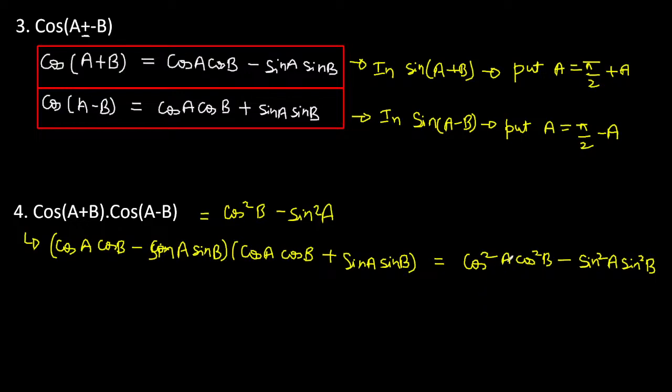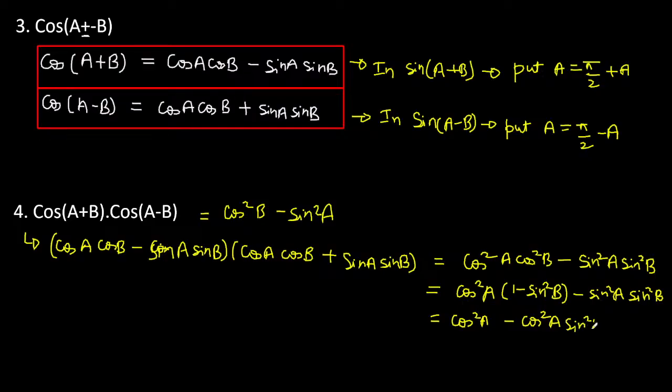Now in place of cos square B, I want to keep 1 minus sin square B. This is sin square A, this is sin square B. If you open it, it is cos square A minus cos square A sin square B. And in place of sin square A, if you put 1 minus cos square A, it will work.